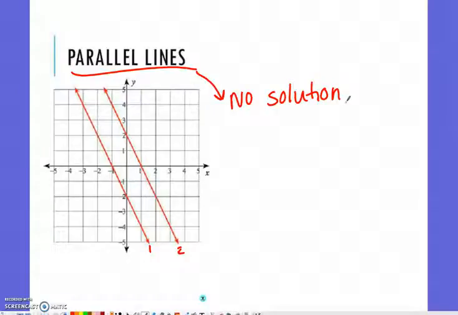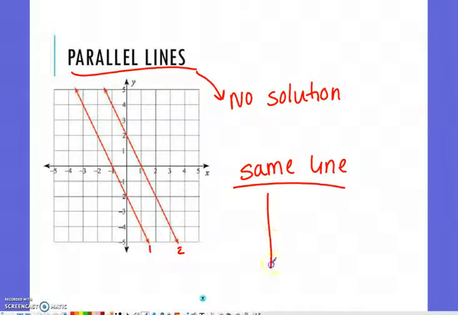Real quick on the same aspect, what if it's the same line? So what if you go to graph an equation, just to show you. So let's say I was to graph 1 line, and then all of a sudden it graphs the exact same line on top of it. You can't even see it.